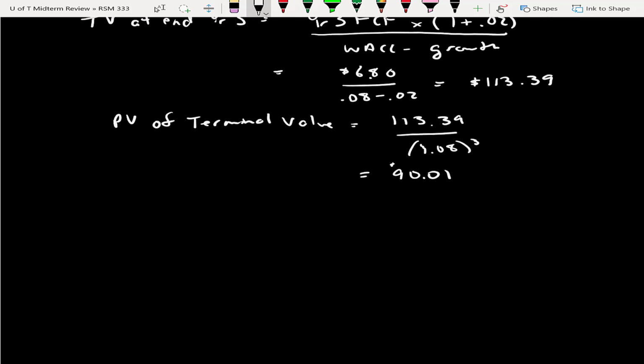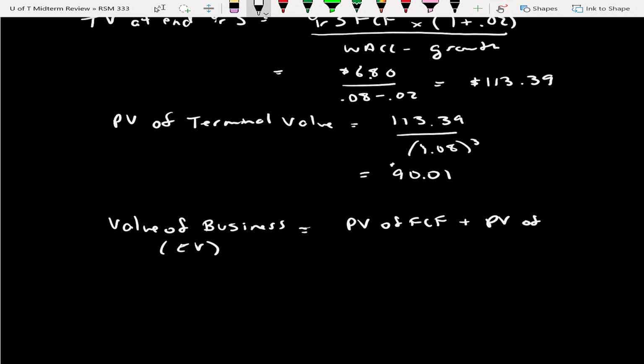So if I take these two numbers, then the value of the company, which is the enterprise value, is equal to the present value of the cash flow plus present value of the terminal value. And we calculated each of these to be 16.34 for the cash flow and 90.01.